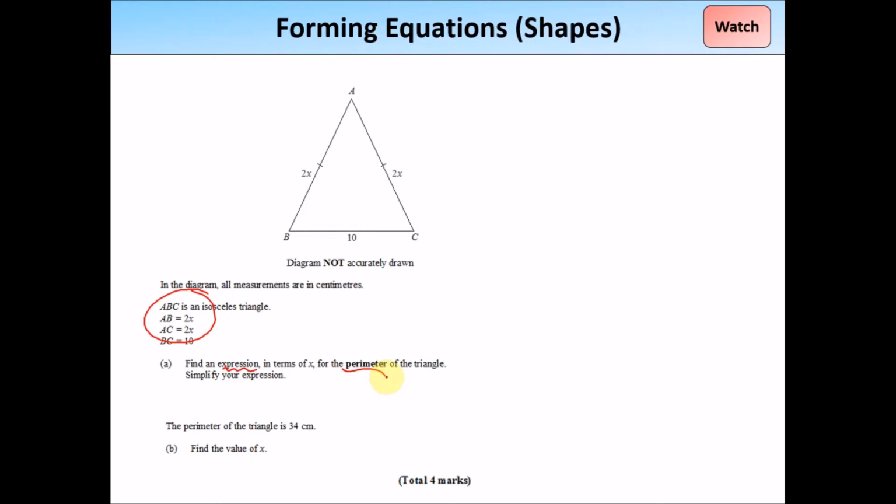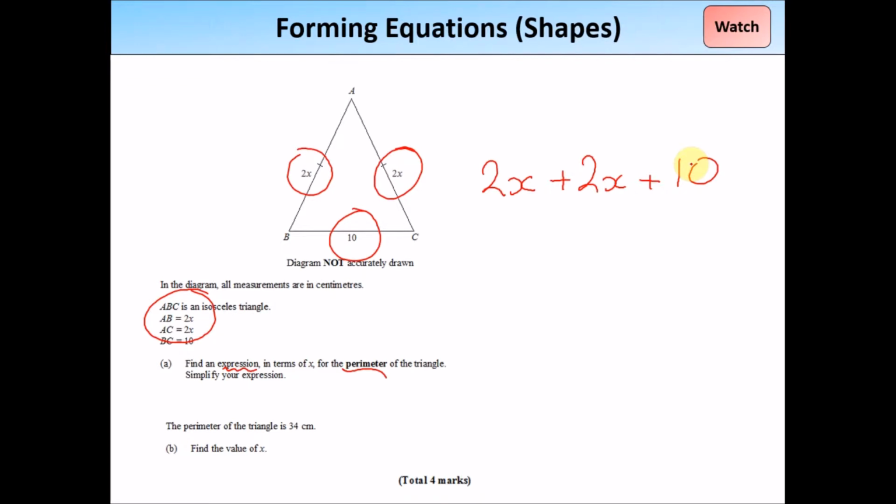Okay, what you need to do then is to simplify your expression. So you need to form that expression first of all. So to do that, you're going to take each of these things. Because it's looking for the perimeter, you're going to add those things together. So you've got 2x, add another 2x, add 10. Remember, that's because the perimeter is the value of all of those sides added together.